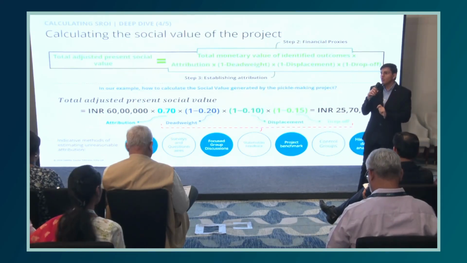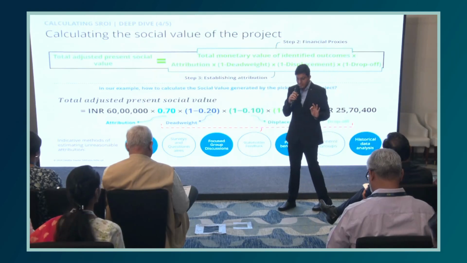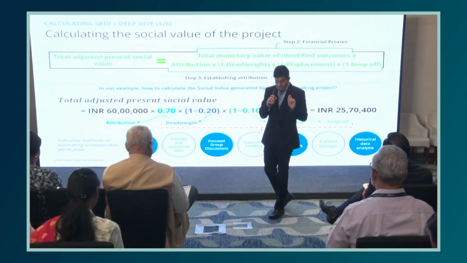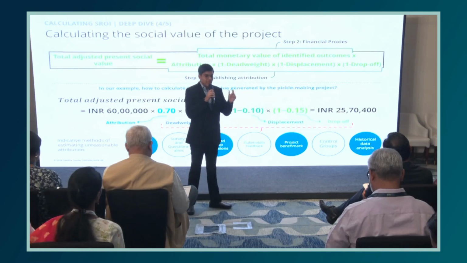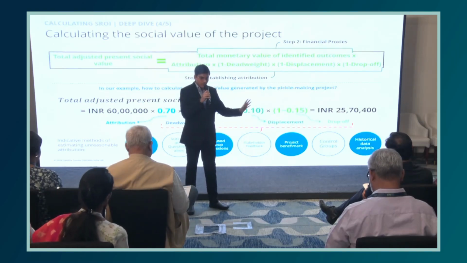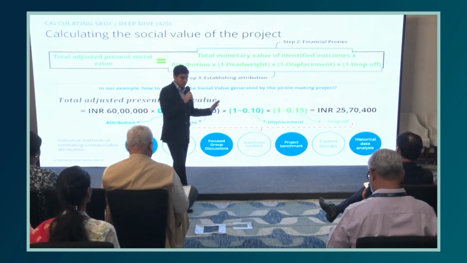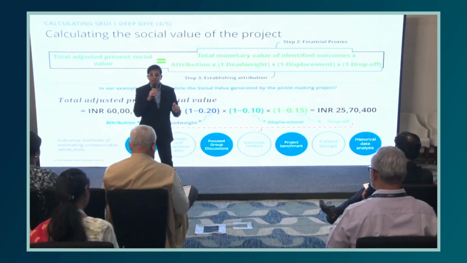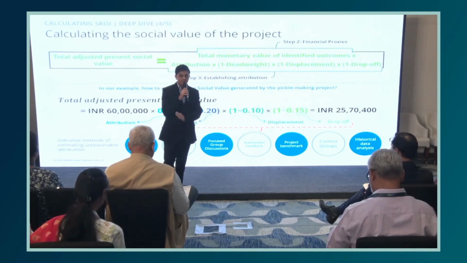We have to only focus on value that is directly generated, going back to the principles. And that means we have to take the attribution that we looked at in the last slide. We have to include attribution. At the same time, we must be mindful to remove unreasonable attribution.